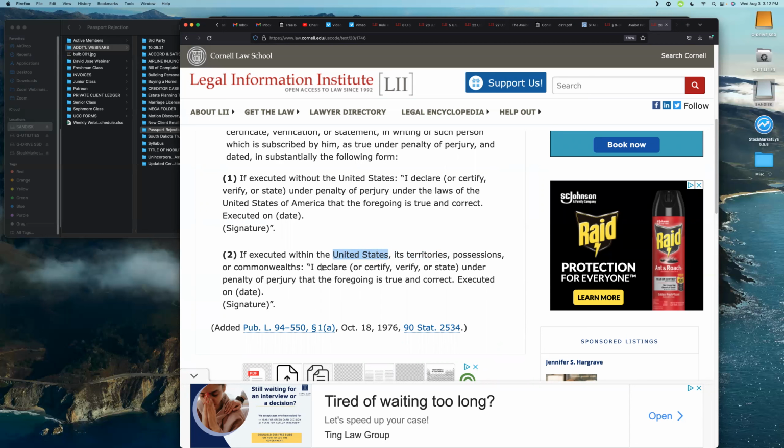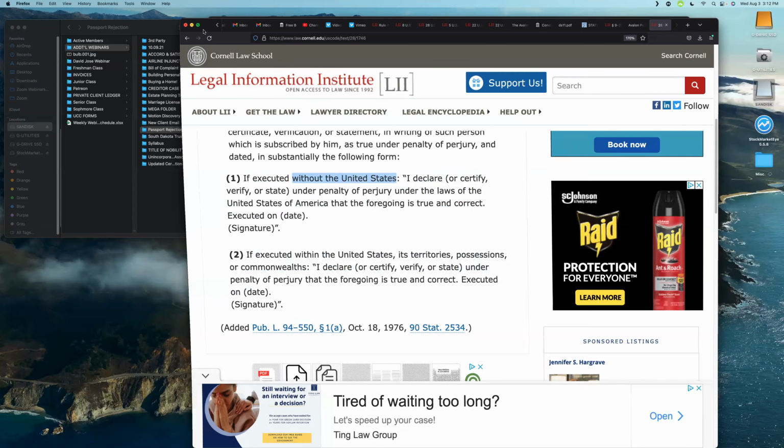Then you're going to say, I declare, certify, verify, state under penalty of perjury that the foregoing is true and correct. Now you are under their jurisdiction if you use this. You are also under their jurisdiction if you don't say this. You must be specific, and you will see this throughout our explanatory statements for their rejection.